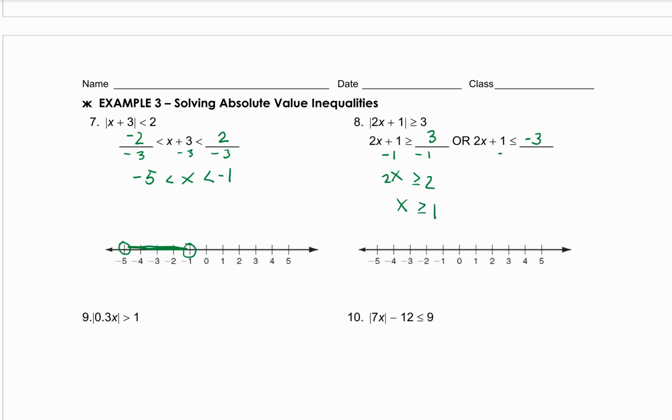And then over here, if I subtract 1, I got 2x less than or equal to negative 4, so x is less than or equal to negative 2. And again, these are or. So let's see. Closed circle at 1, closed circle at negative 2. I got my arrows pointing in opposite directions because that's the way this goes. Or. All right.